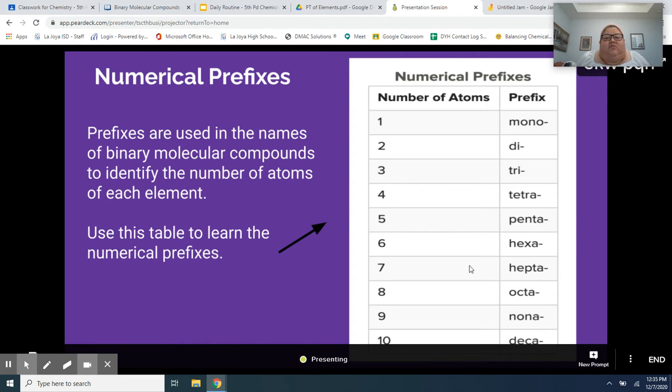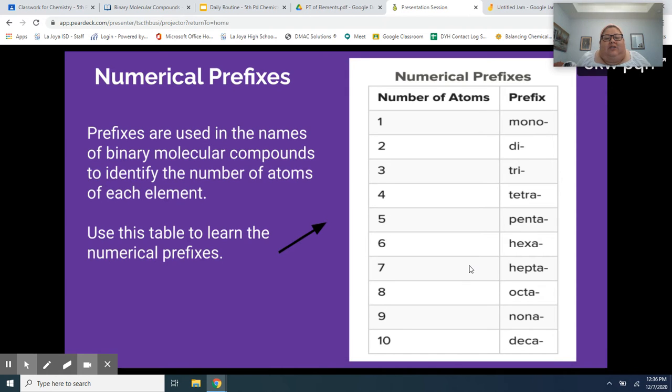Numerical prefixes are used in names for binary molecular compounds to identify the number of atoms of each element. So those subscripts at the bottom are going to change to these prefixes.